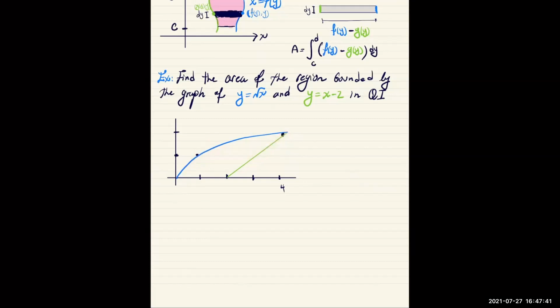It's always the same. If I draw a rectangle, on the right, it's the green line. On the left, it's a curve. If I draw the rectangle here, on the right, it's the line. On the left, it's a curve. Those rectangles have consistent length. So you just need to do one integral from 0 up to this point, which is 2.